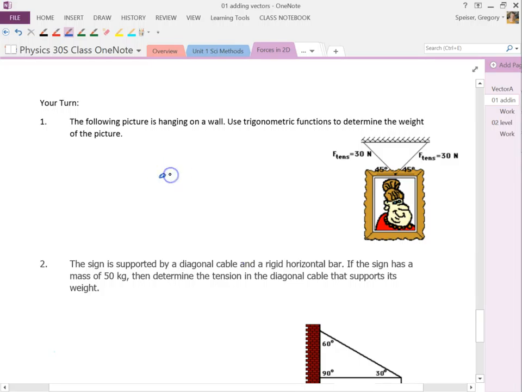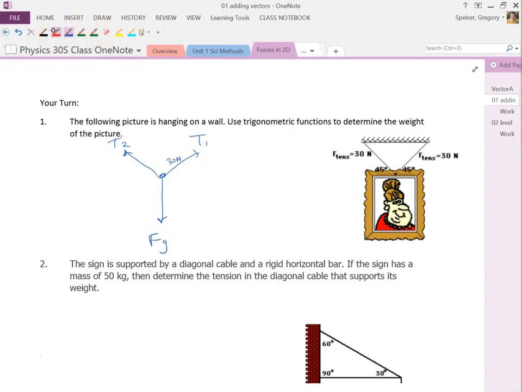Okay, so if I draw my tension forces here, maybe I'll call it tension 1. Call this one tension 2. And then I have a force of gravity downwards. This is 30 newtons. Now, how does this work?